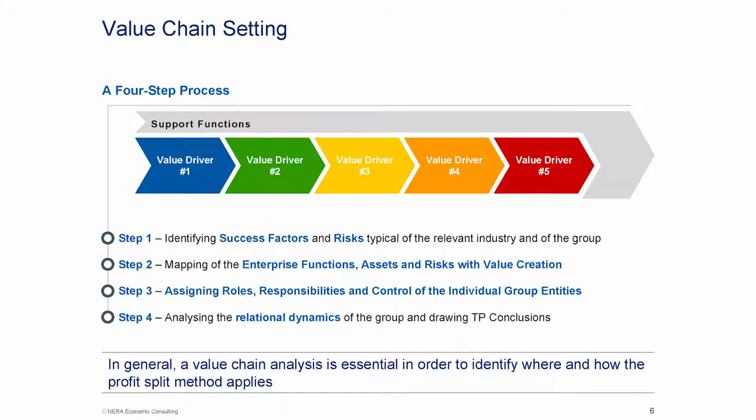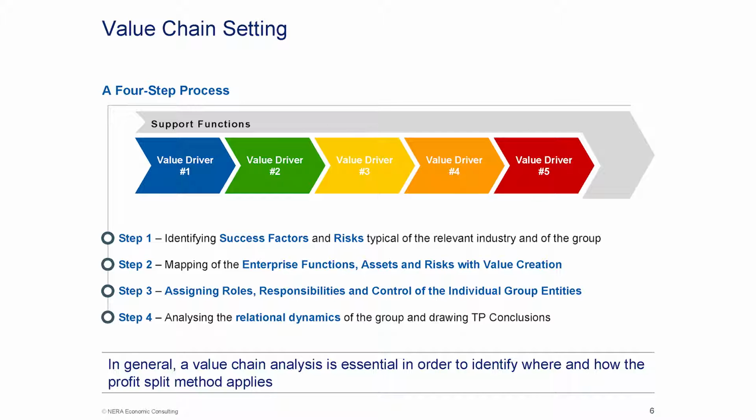So that's a broad introduction of the subject, and we also wanted, and that's the next slide, slide 6, to present an overview of a holistic process that in our view should be at the start of the selection and identification of method, which is the value chain analysis process.